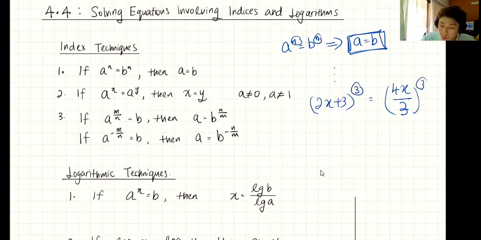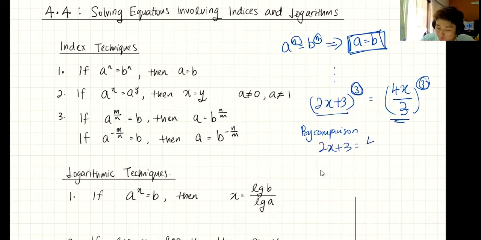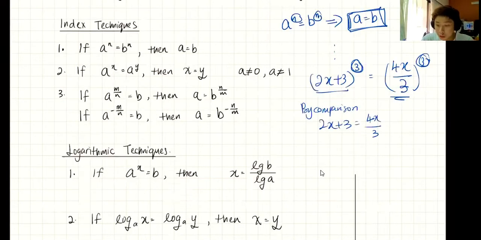They are the same power. So you can automatically equate by comparison. Since this one is something to the power of 3, and this one is something to the power of 3, I can deduce that this one is equals to this one. 2x plus 3 is equals to 4x divided by 3.